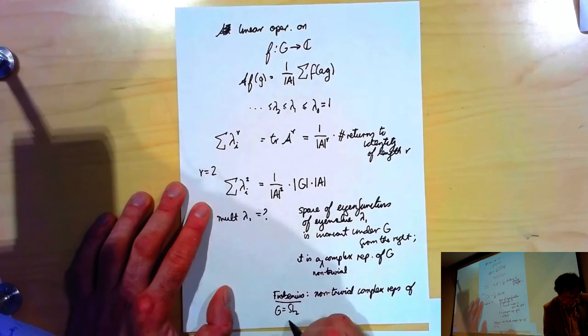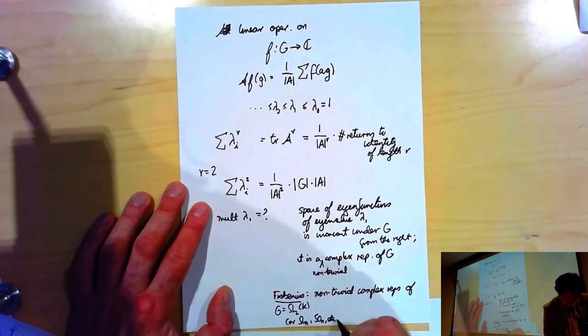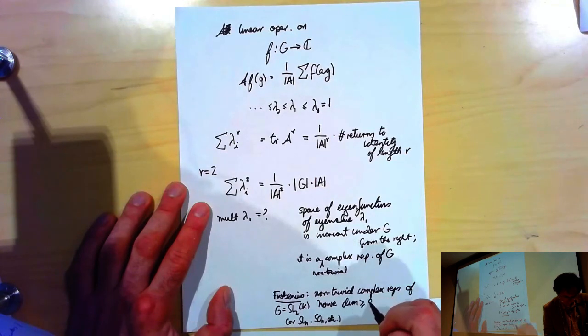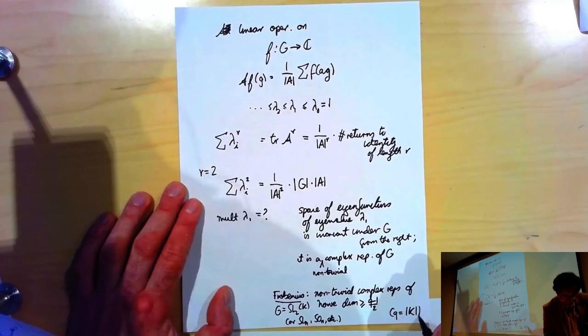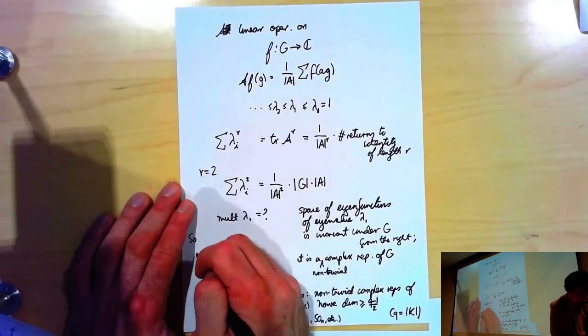For SLn the bound is actually better. They are all big. They all have dimension at least (q minus 1) over 2, where q is the size of k. So this means that lambda 1 has high multiplicity.